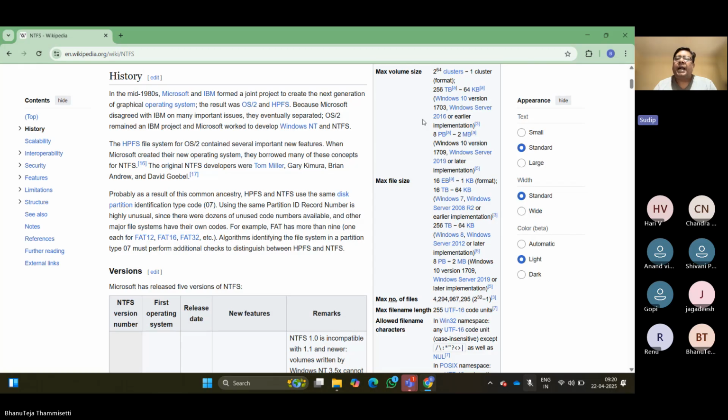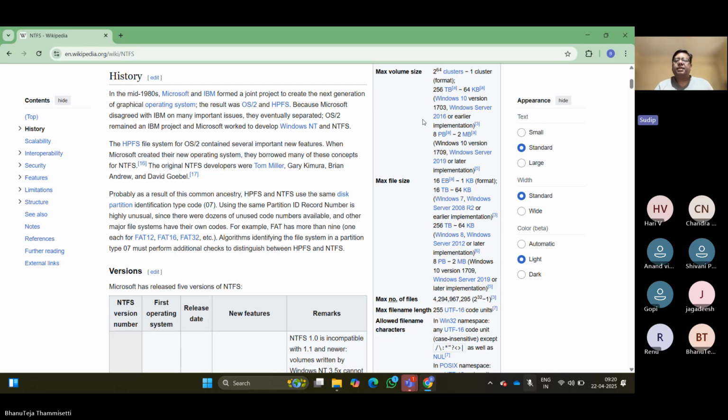That compatibility is mentioned in the specification sheet of that operating system: these are the types of file systems it supports, these are the maximum limits, this is what you can do, everything of that sort. Understood? Any questions on whatever we have learned so far about a file system? We'll get deeper.